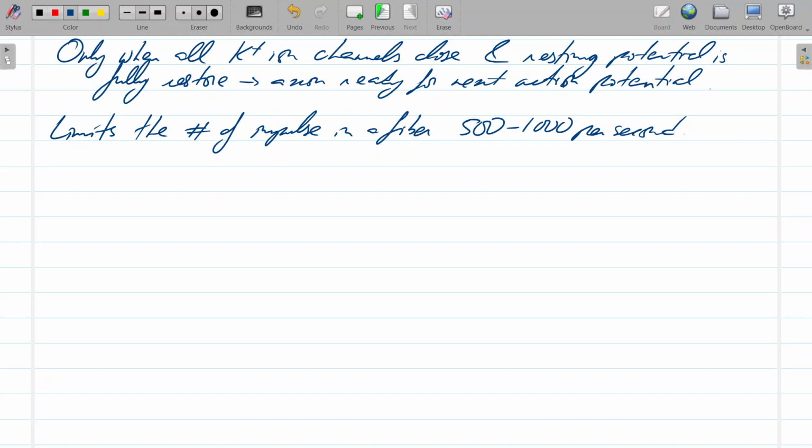And it also ensures unidirectional flow of the impulse.